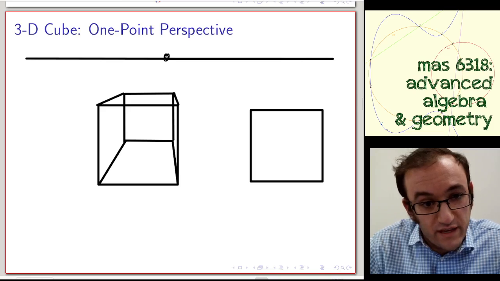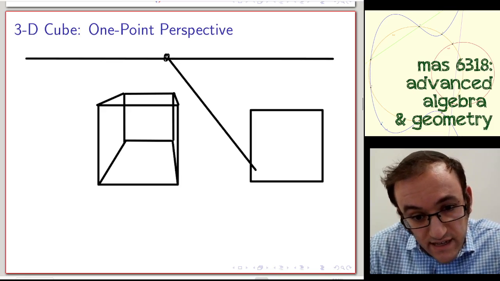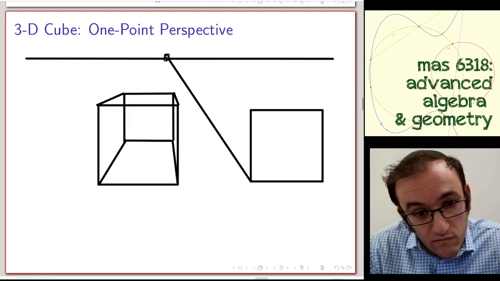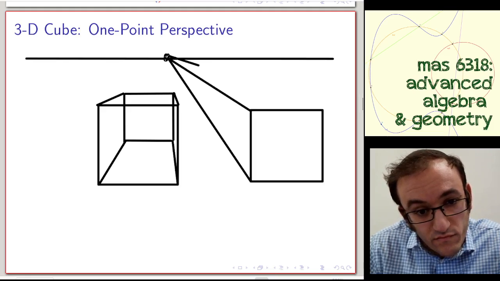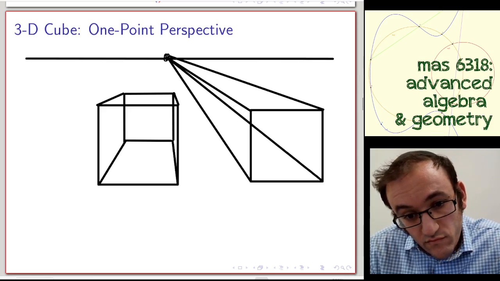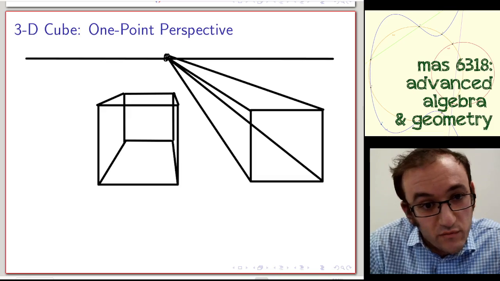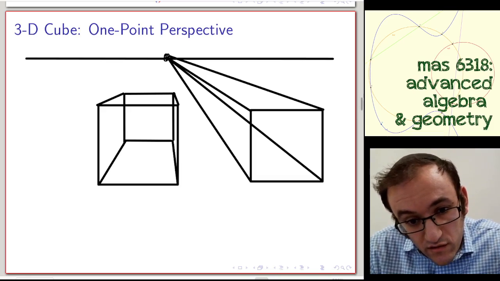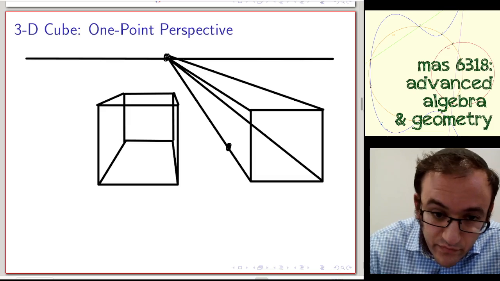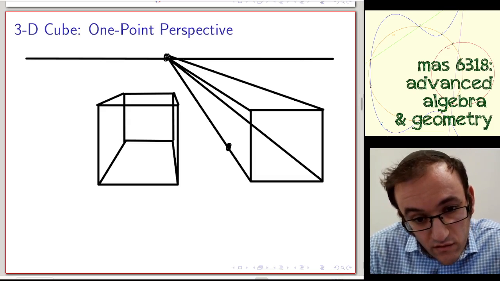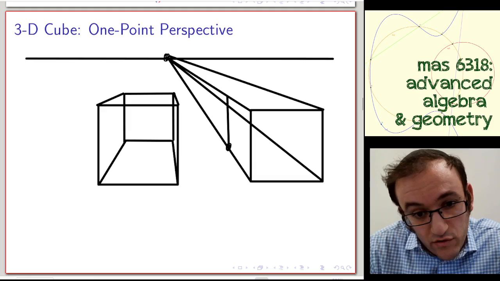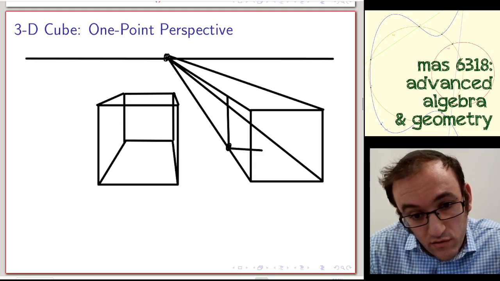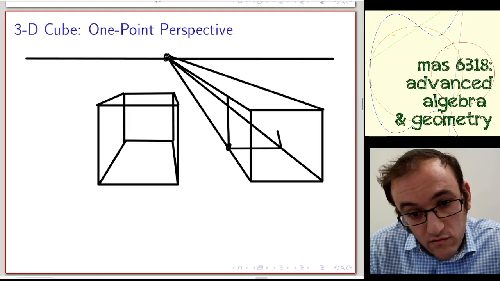Okay, now again, we'll send all of these lines out. Okay, and then we can pick our corner. Okay, and vertical, horizontal, vertical, horizontal.